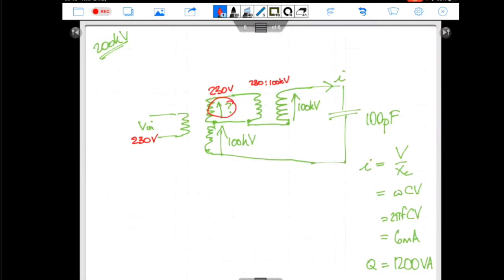Right, if we need to supply Q to the load, we're going to have to look at the ratings of each of the devices. So this top transformer here is supplying 100 kV and the current I. So your rating here is 600 VA.